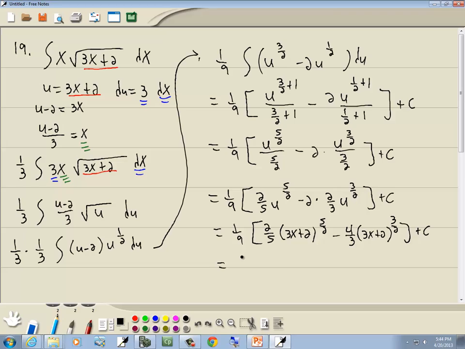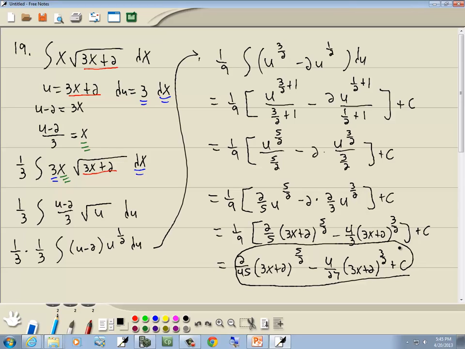If you do, that gives us 2 over 45, 3x plus 2 to the 5/2 minus 4/27, 3x plus 2 to the positive 3/2 plus c. And that's our answer. So that one's not a typical U-substitution problem.